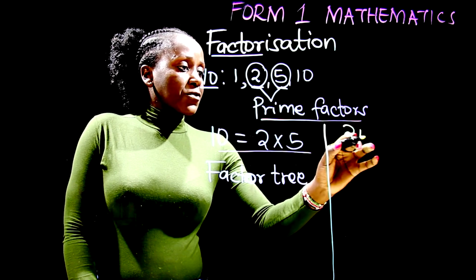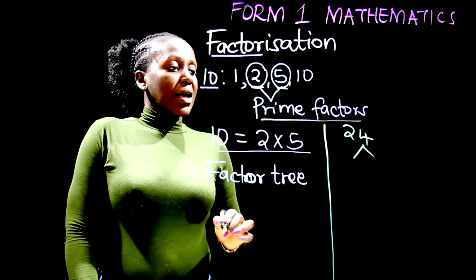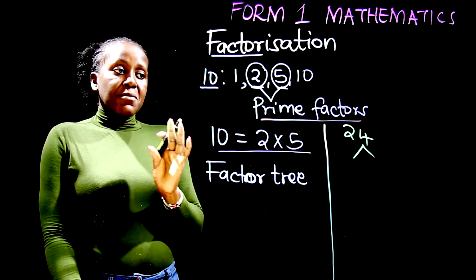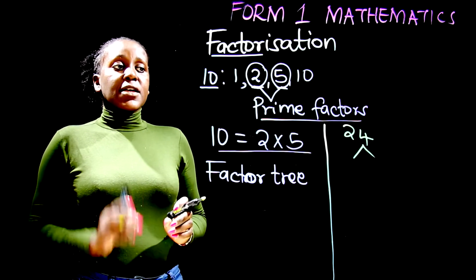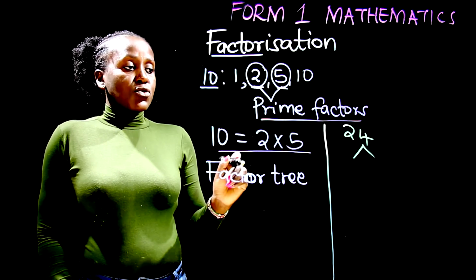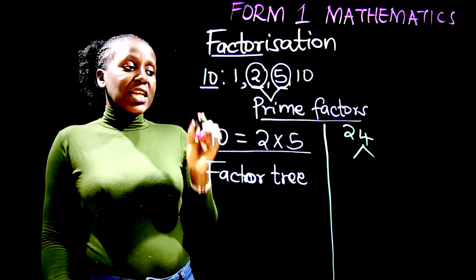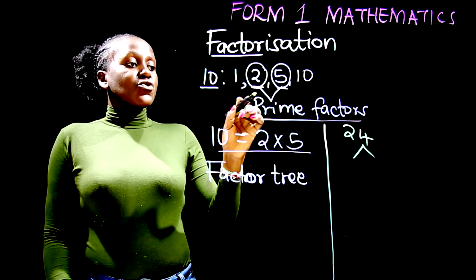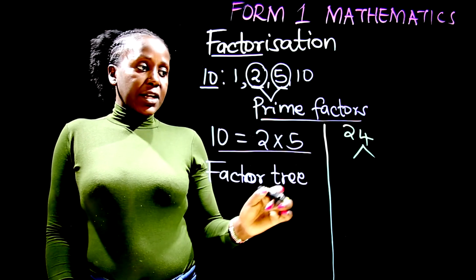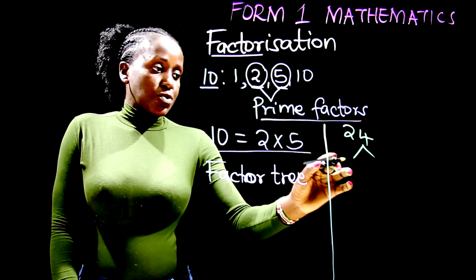So 24 is divisible by the least prime factor that we know, which is 2. So what you have to do is to always test from the least prime factor. You try to divide the number given. So the least prime factor is 2.